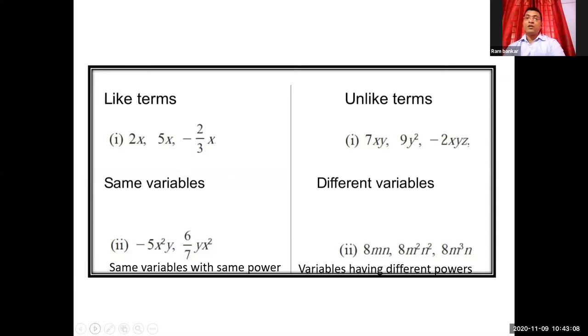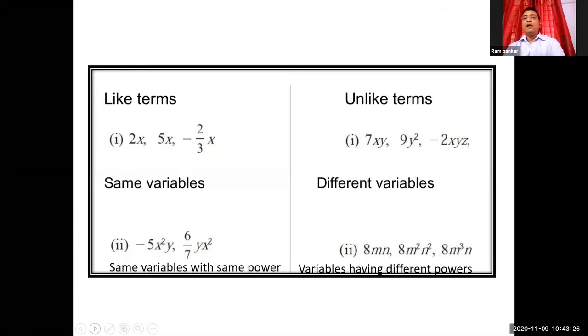Square is given, same square. x square in the first term and x square in the second term also. So these are like terms. In this, you understood same variables and same powers are called like terms.